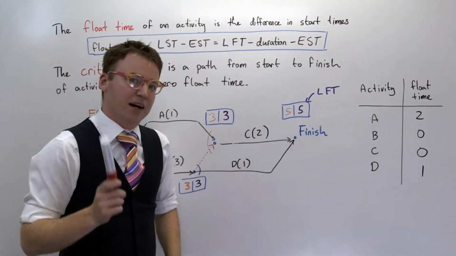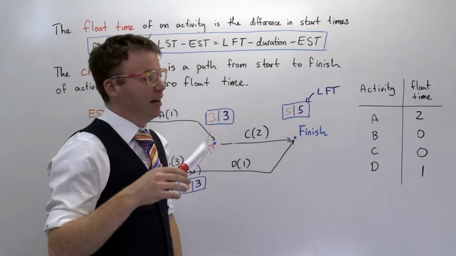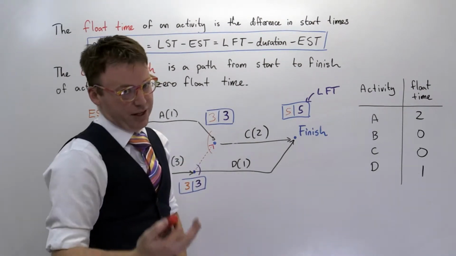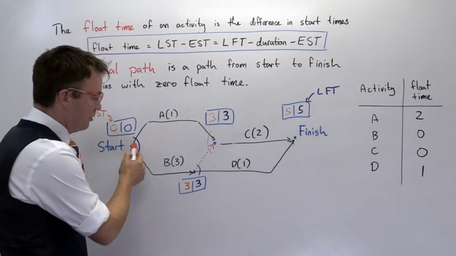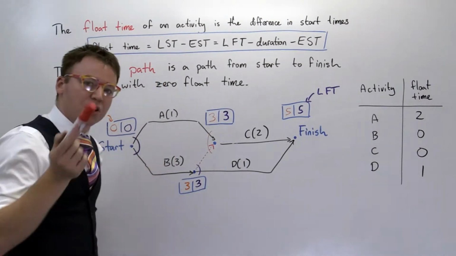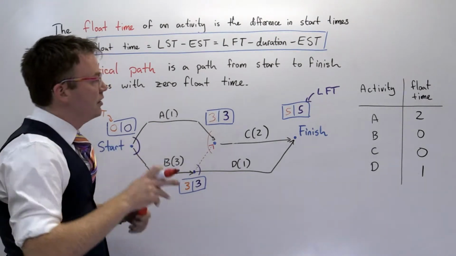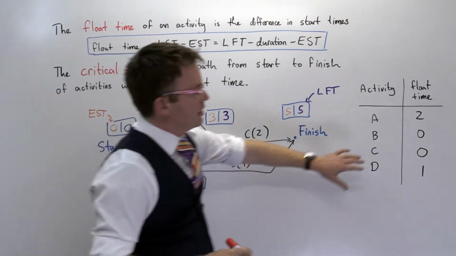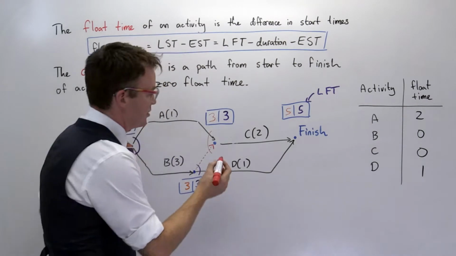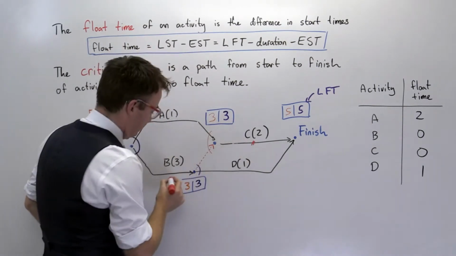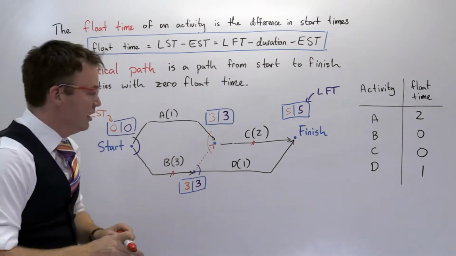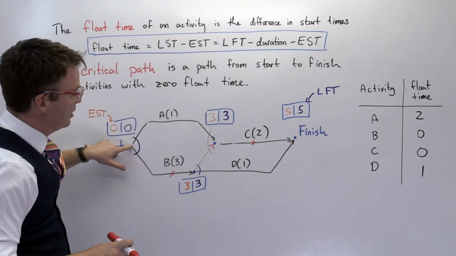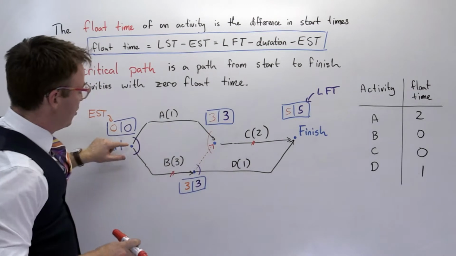And the critical path, and there'll always be at least one, there may be more than one, but at least one. The critical path is a path from start to finish that involves only activities with float time of 0. So we might just put a little marker on the edges which have a float time of 0, and we can see we can travel from here to here using only those ones.